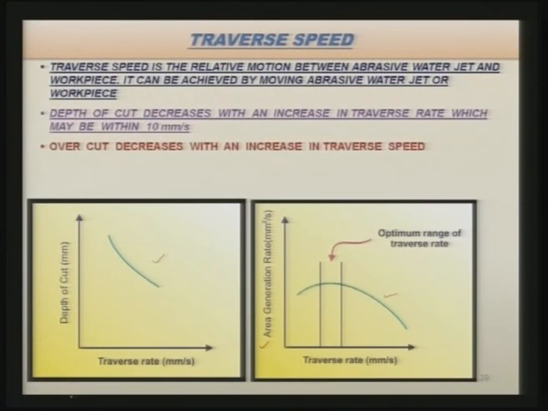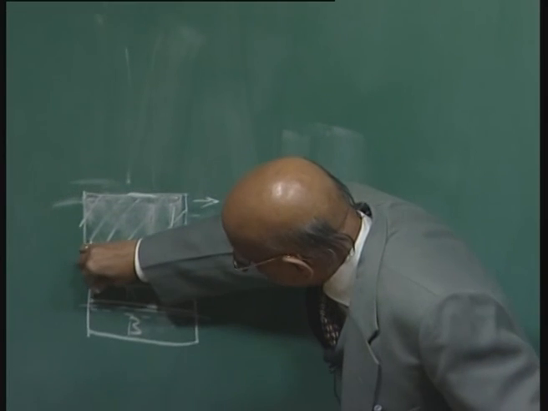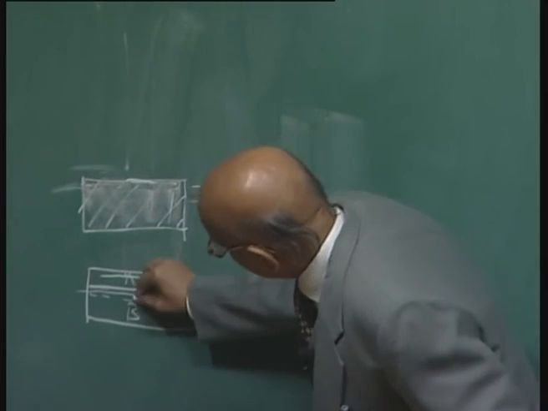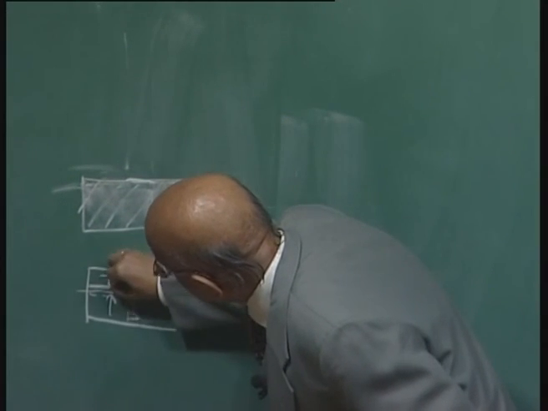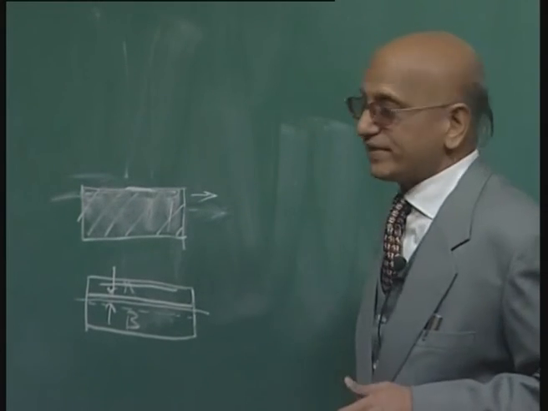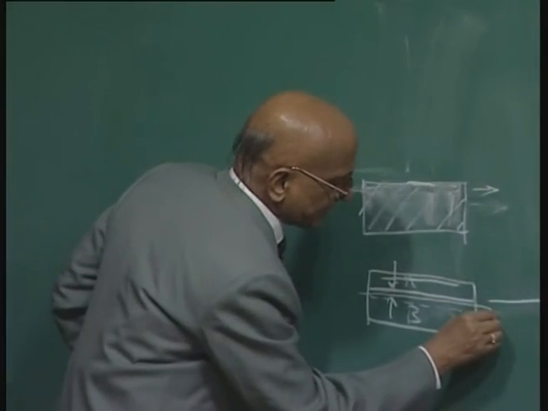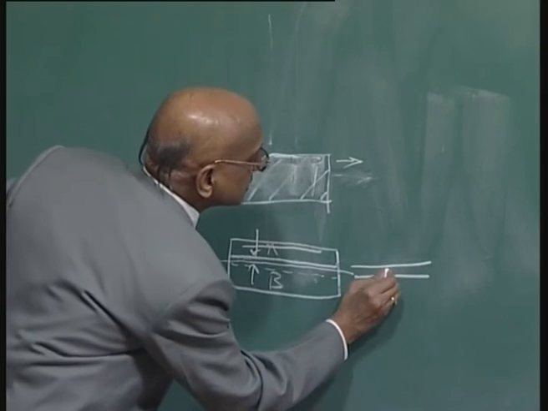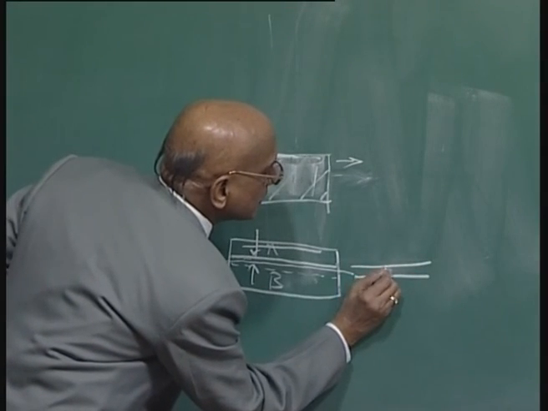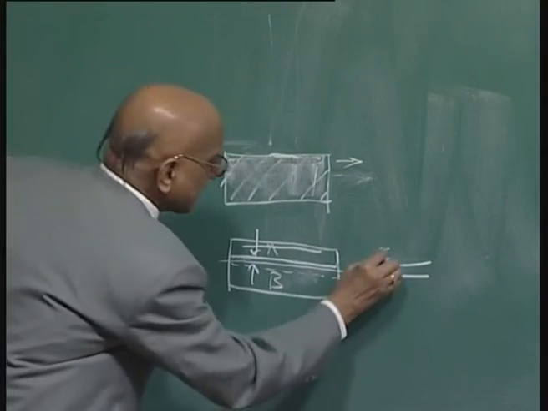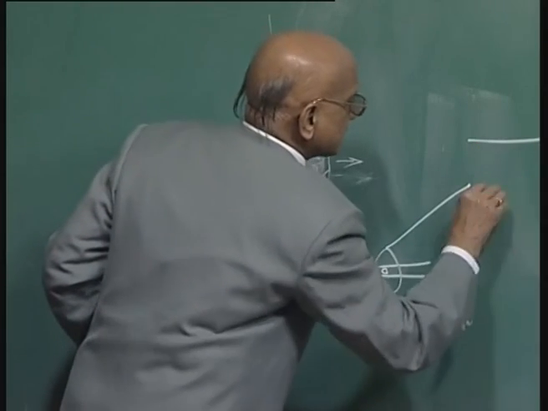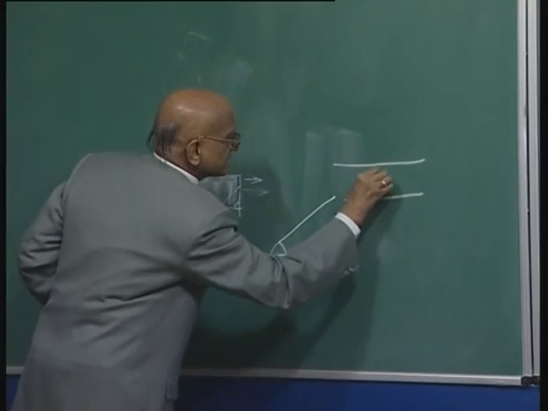Overcut decreases with an increase in traverse rate. If this traverse rate is increasing, that means the jet is moving very fast. So, this is the kerf width. When this is the kerf width, and suppose this is the size of the jet, then if I take the enlarged view of this, it becomes like this, and this is the jet size.